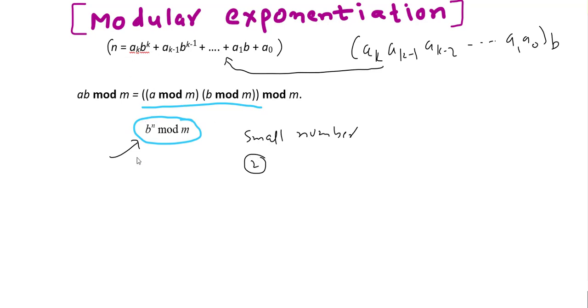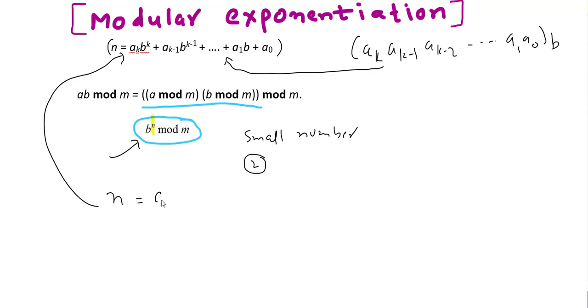So this n, in this example, will be written in terms of powers of 2. So n will be equal to this value, but instead of b we'll be having 2.